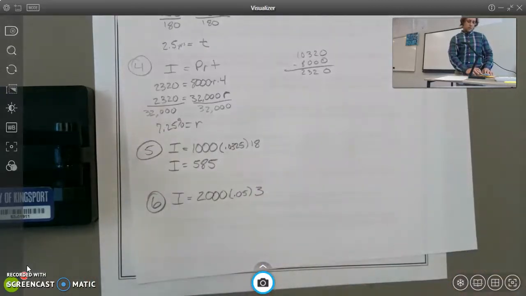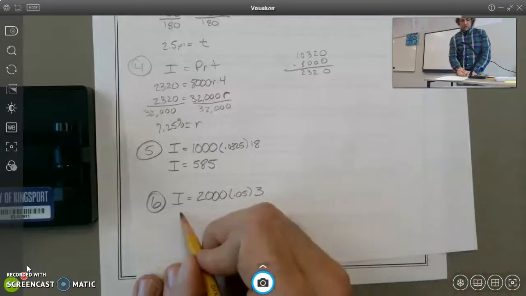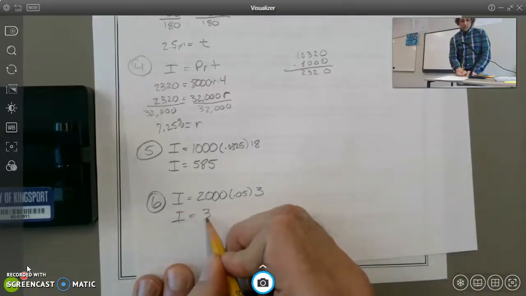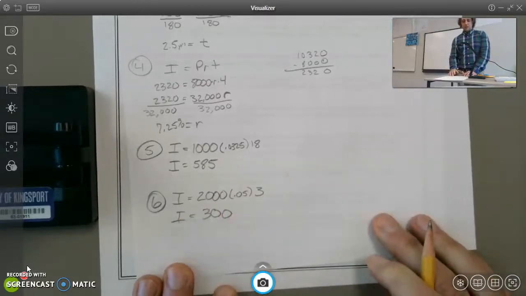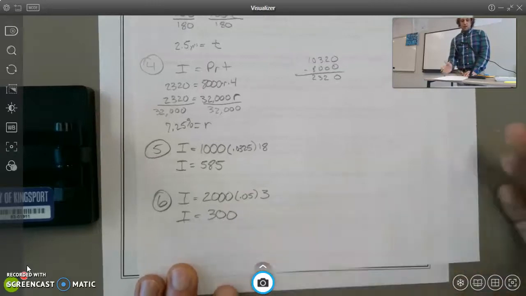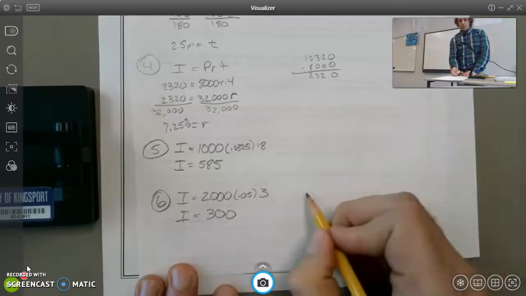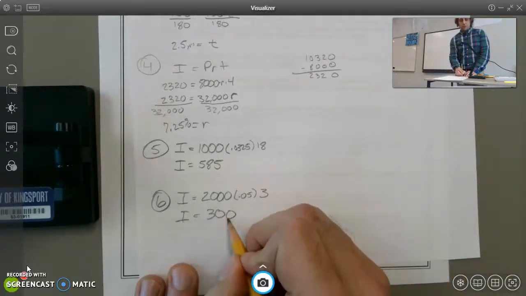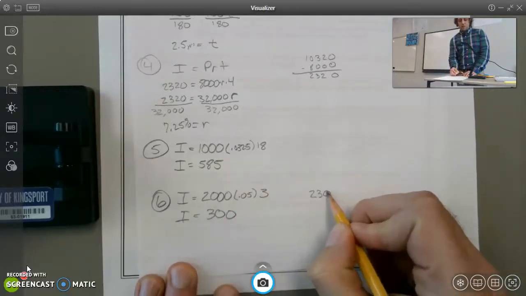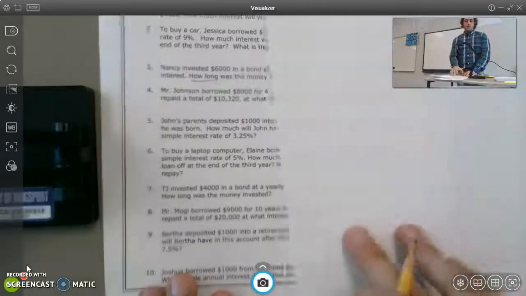That's going to be $300. All right, so there you go, $300 in interest. I think it asked what did she end up paying in total. Well, she borrowed $2,000 and she had $300 interest, so it's going to be $2,300 in total.